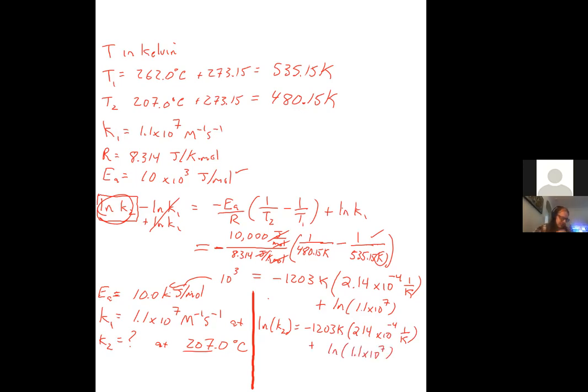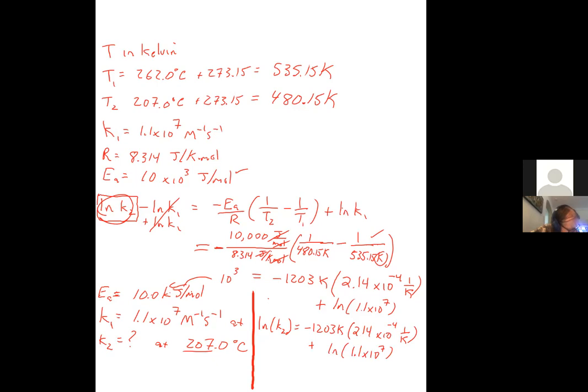Now, let's do the ln of 1.1 times 10 to the 7. Very easy. You go 1.1 EE7. That's 11 million. Let me do it again. 1.1 EE7. Now, I'm going to take the natural log, ln, and I get 16.21.